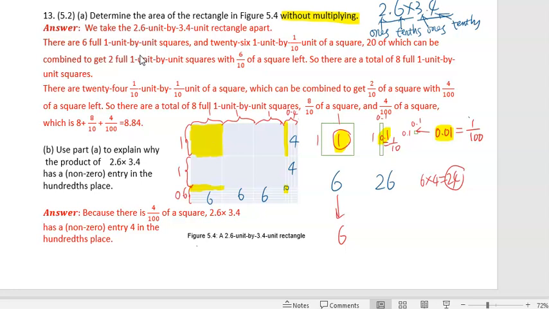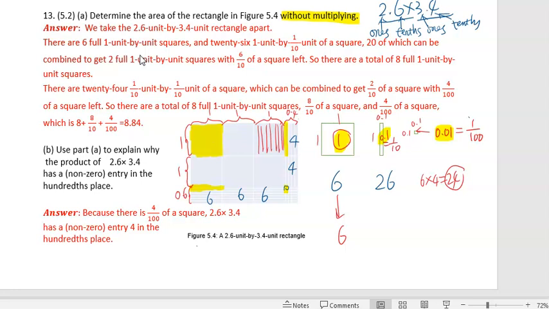Now notice that 26 of the skinny rectangles. The other thing we need to know is 10 of those rectangles will make a big square. And if you look at the big square, you can divide this into 10 skinny rectangles. So when you have 10 of them, you can kind of tape them together, glue them together to make a big square.